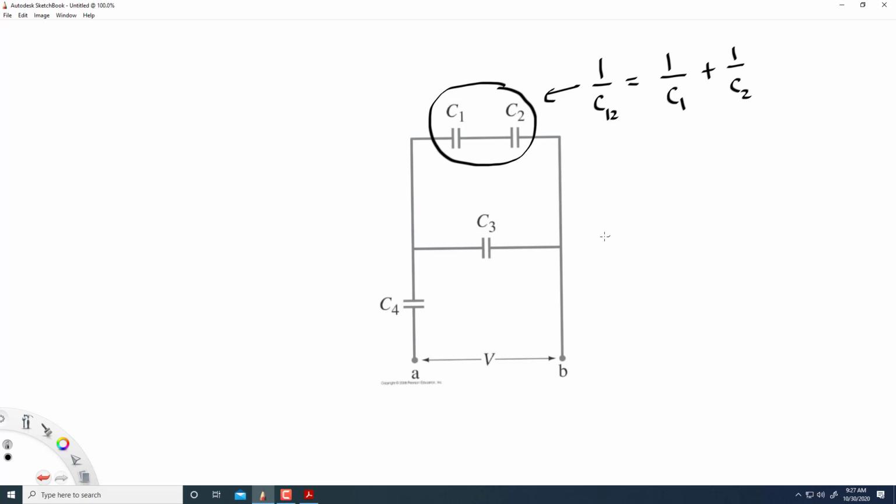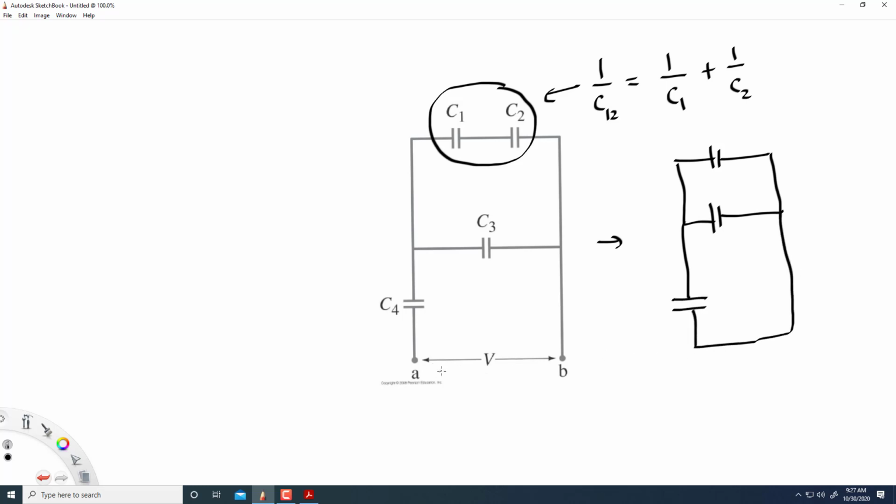And then once you have the equivalent one, this one means there is a battery here, okay? So you can replace this by a battery. This voltage across A and B means it's connected to some battery. So this one is the equivalent capacitor of 1 and 2.